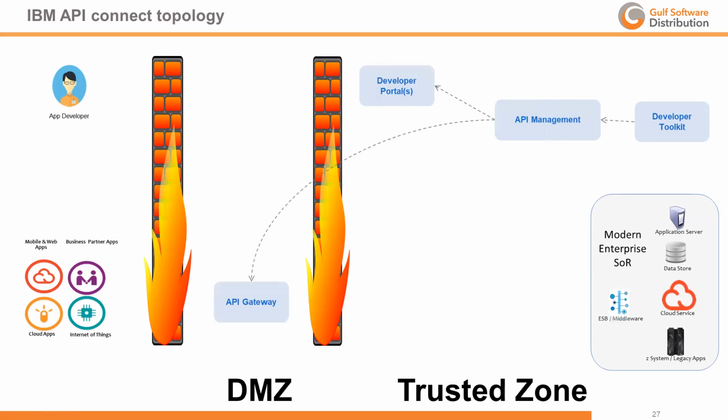The API manager uses that. He decides on who will need to have access to which APIs and publishes that on the developer portal. And he also makes sure that the APIs are secure through the API gateway. The app developer who is trying to consume those APIs logs into the developer portal, looks at the documentation related to how to consume a particular API.